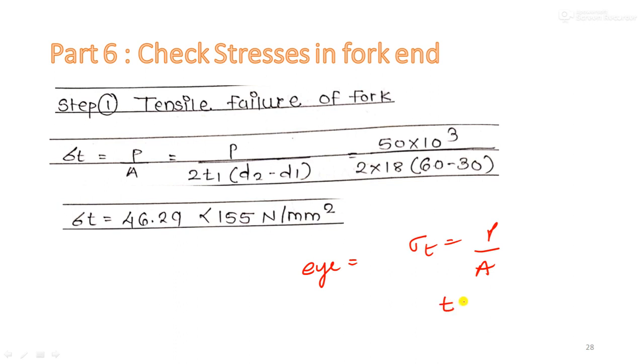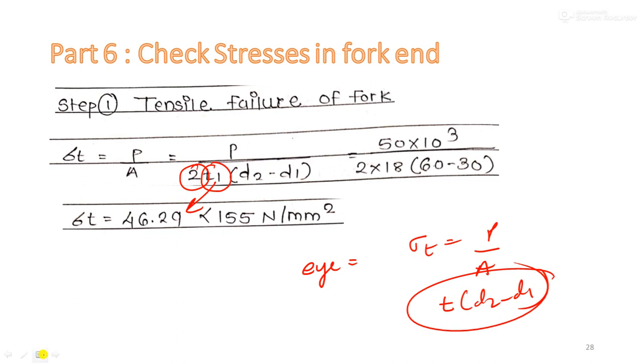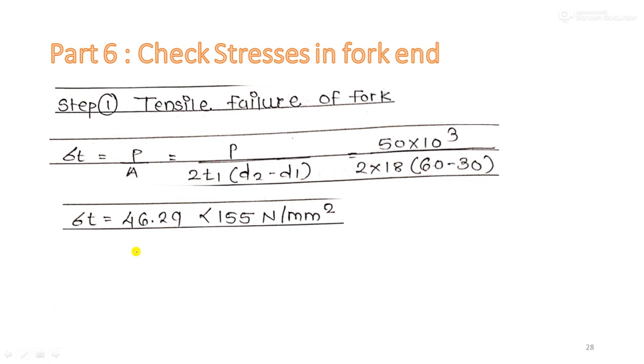Area was T into (D2 minus D1). I have used the same formula, just instead of T I have used T1 and multiplied by 2. Is it okay? Clear? Instead of T, use T1 because the thickness of the fork is T1 and the thickness of the eye was T, and multiply by 2 because we have two forks.